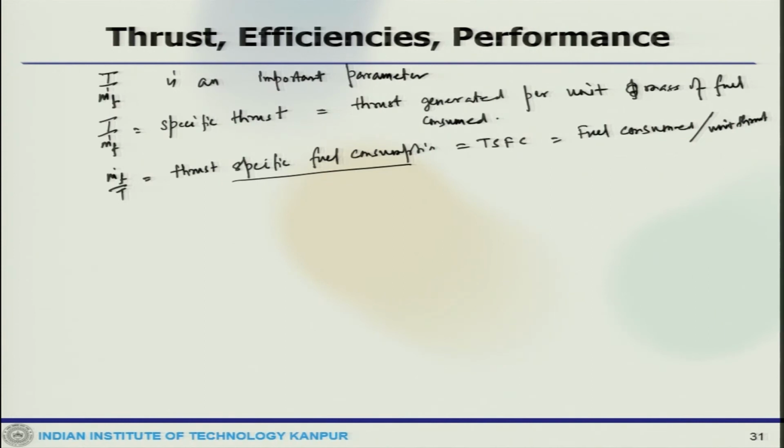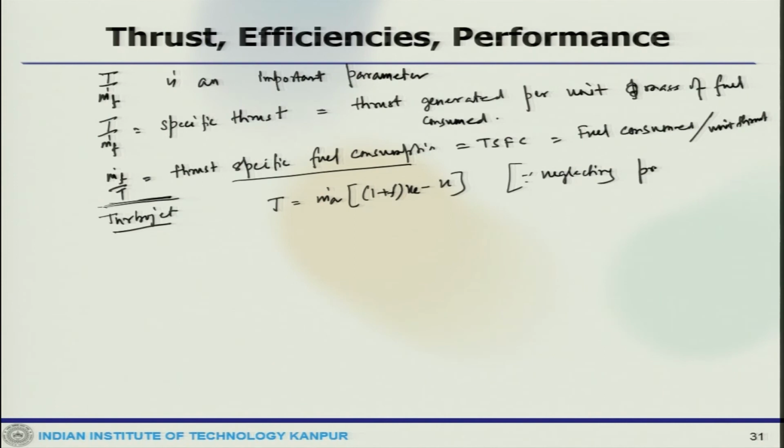Just to look at these things, these are generic terms, just to extend these things for a turbojet, just to show you how things can be written for TSFC. T is m dot A into (1 plus F)u e minus u. Here, we are neglecting the pressure term, that is why we get this.